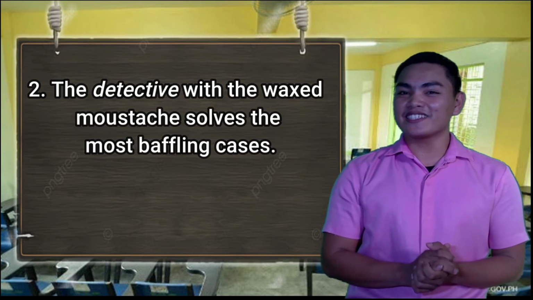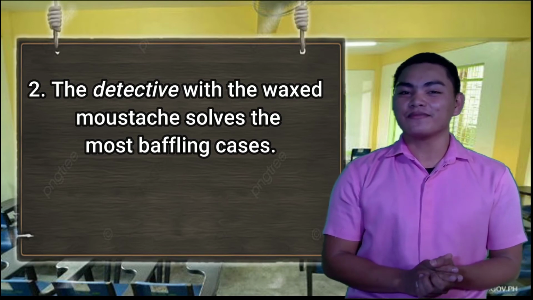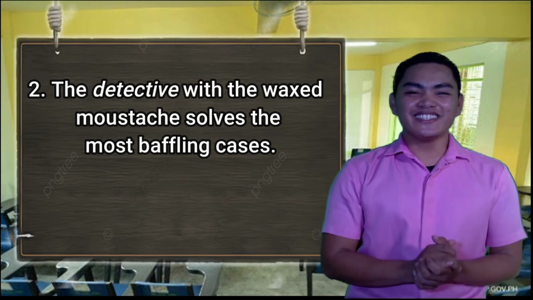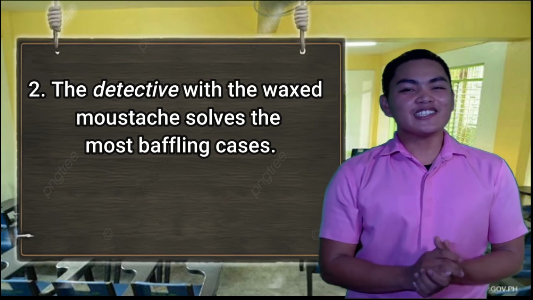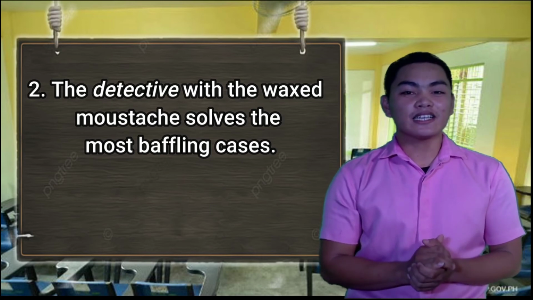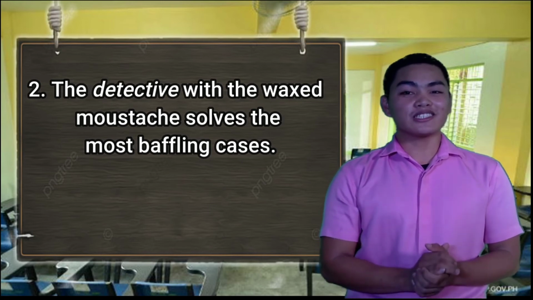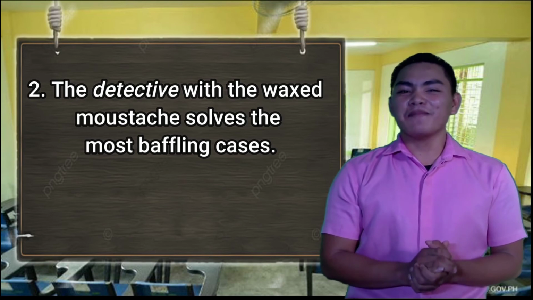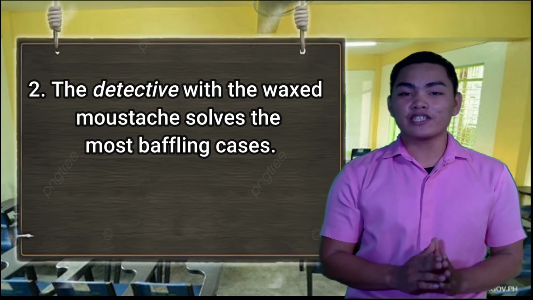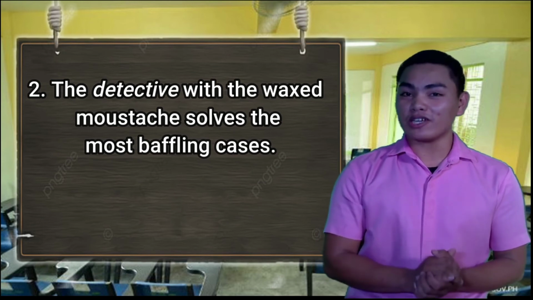What do you think is the phrase that modified the word detective? Very good! The phrase that modifies the word detective is with the wax mustache. Why? Because the noun detective is modified by the prepositional phrase with the wax mustache.